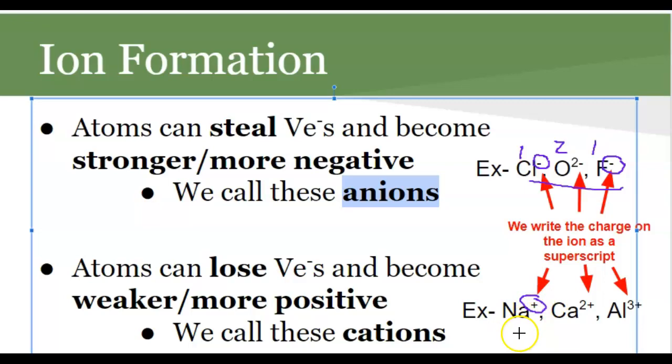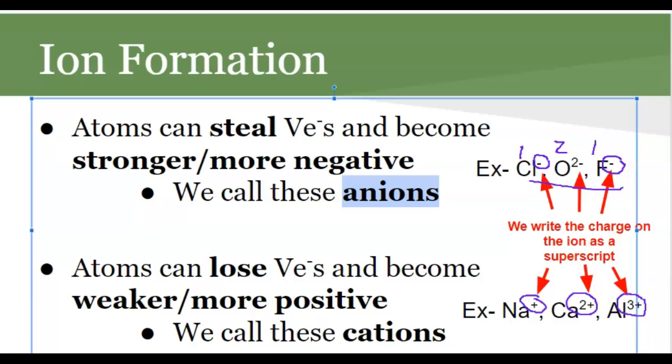When you lose an electron, you end up becoming a little bit more positive. Calcium will lose 2, and aluminum ends up losing 3. That's easier than aluminum trying to gain 5 electrons to get to that magic number of 8. Some elements have 4 valence electrons, so it's a 50-50 split of gaining 4 or losing 4.